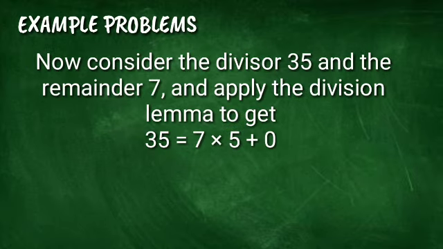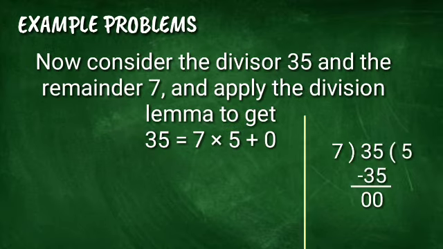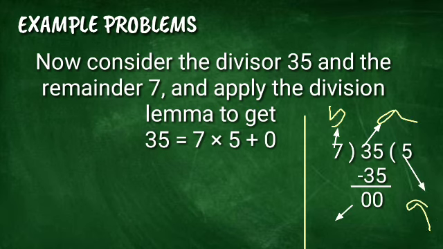Now consider the divisor 35 and the remainder 7, and apply Euclid's division lemma, that is, 35 is equal to 7 into 5 plus 0, because 35 is divided by 7 and the remainder is 0. Here A is equal to 35, B is equal to 7, Q is equal to 5 and the remainder R is equal to 0. So by applying A is equal to BQ plus R, 35 is equal to 7 into 5 plus 0.